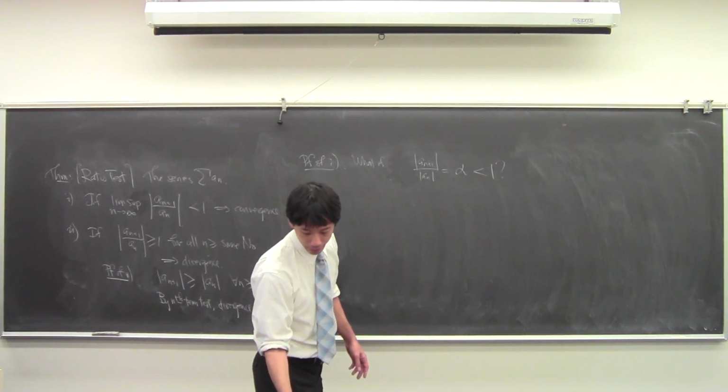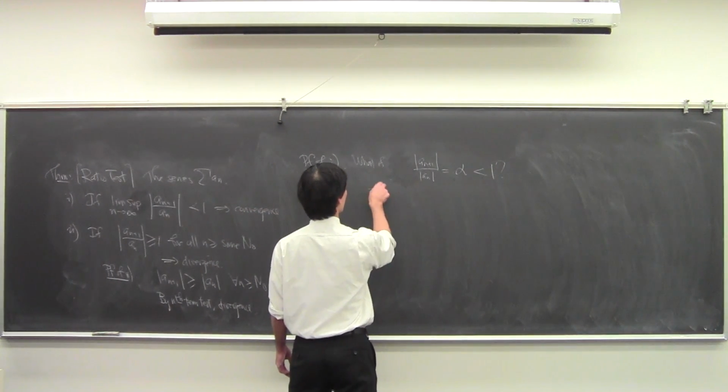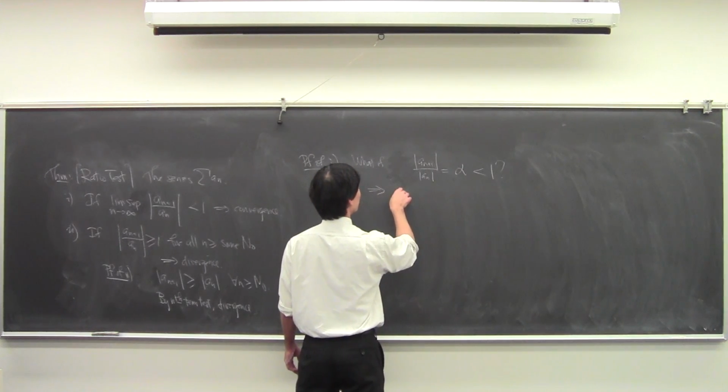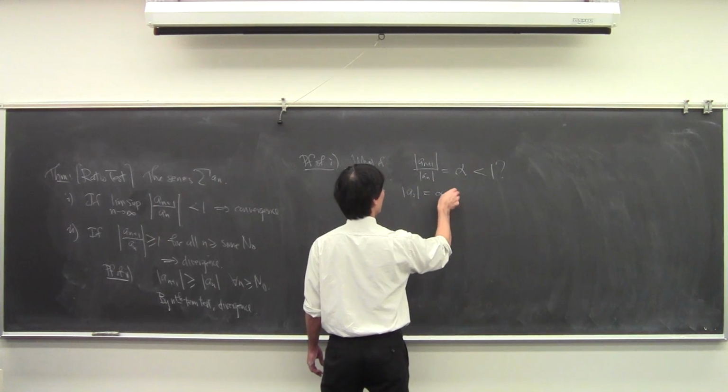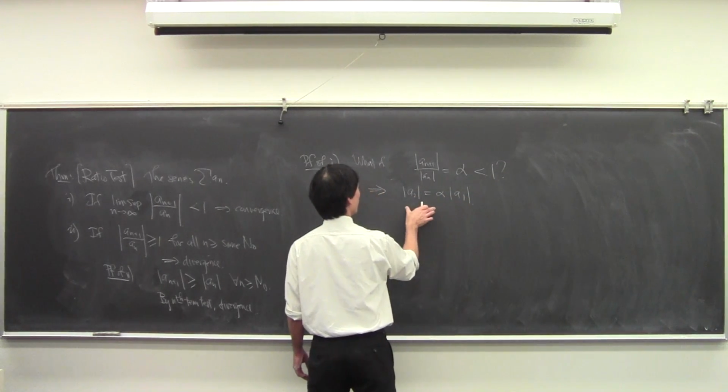That would say that the size of a2 is alpha times the size of a1.